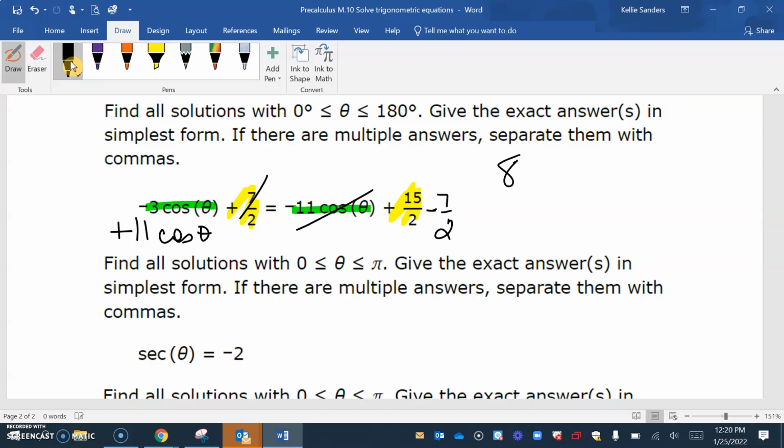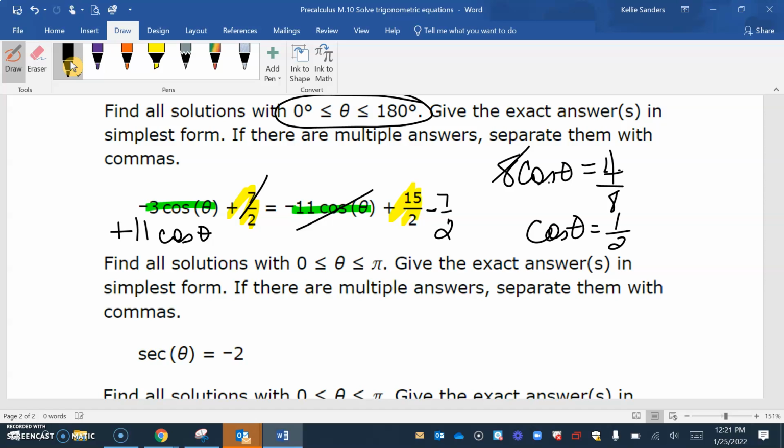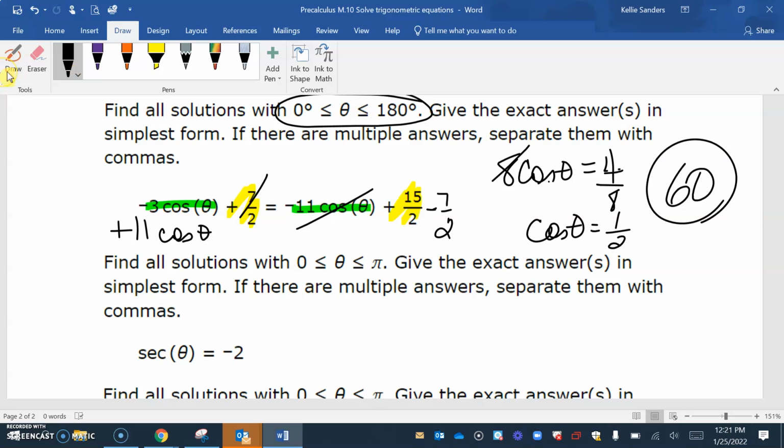Negative 3 plus 11 is 8 cosine theta. 15 over 2 minus 7 over 2 is 8 over 2, and 8 over 2 is 4. Then we divide, and cosine theta equals 1/2, which is what we already did, which is 60, and we are in degrees, and it is positive, so I don't have to worry about any quadrants. So the answer is going to be 60.